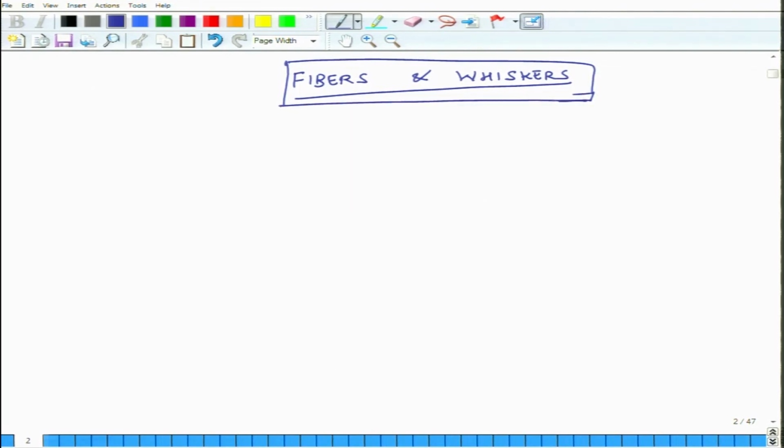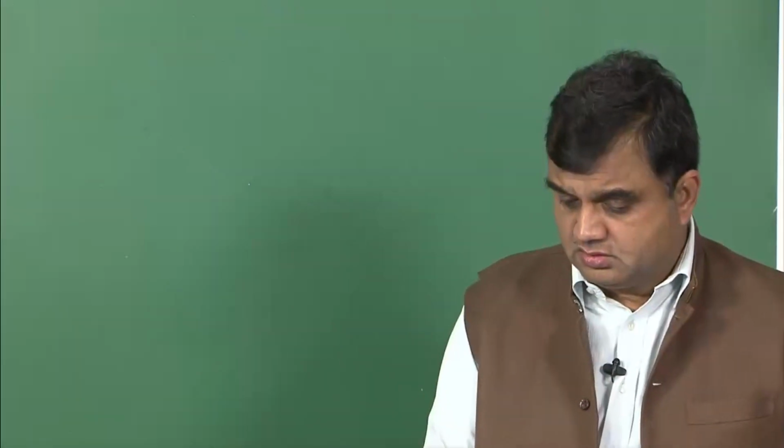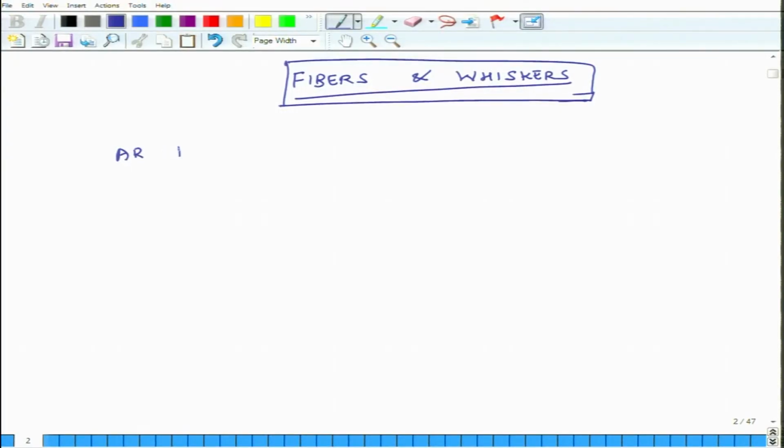At a basic level, fibers and whiskers are very similar, but the aspect ratio of fibers is definitely more than 1000. Actually, most of the times it is more than 10,000. The aspect ratio of whiskers is about a few hundreds, 200 to 600-700.